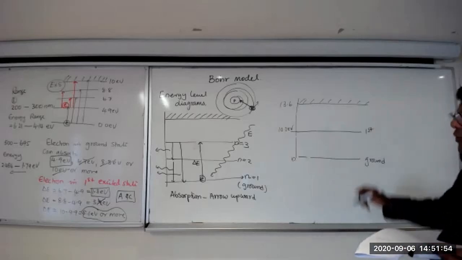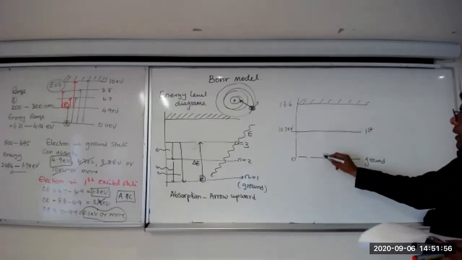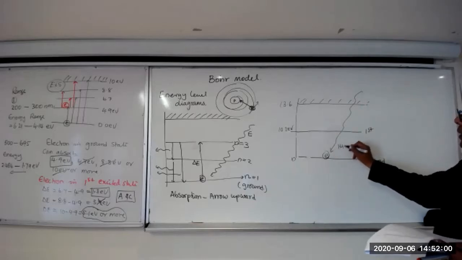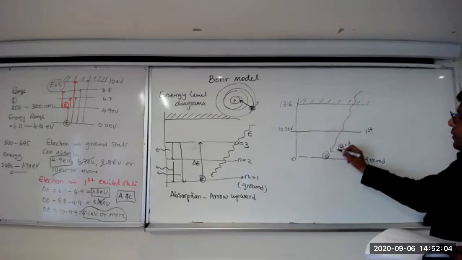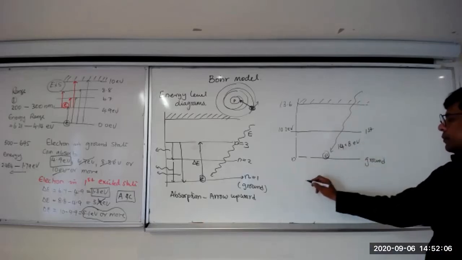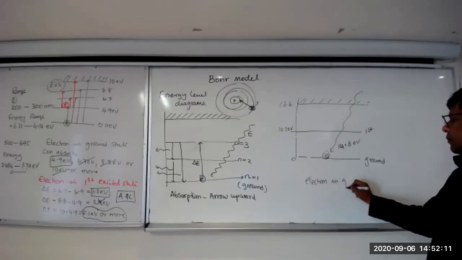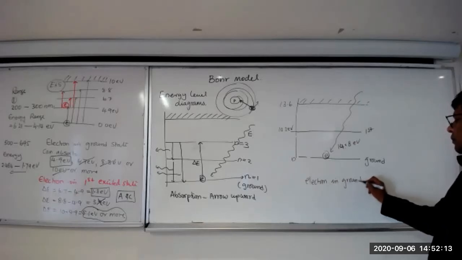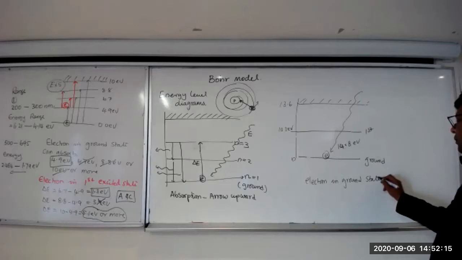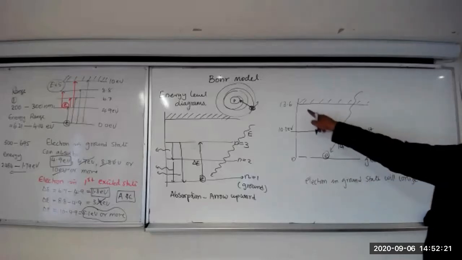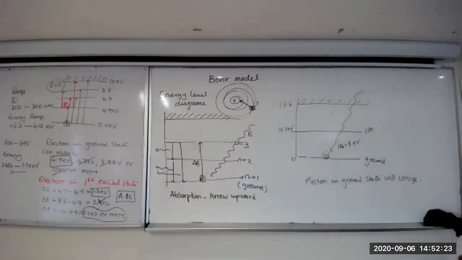The question is, if you supply 14.8, definitely it will absorb that and ionize. It will definitely ionize because it's more than the ionization energy. Ionization is 13.6, you supply 14.8.